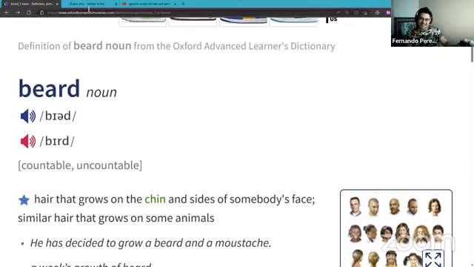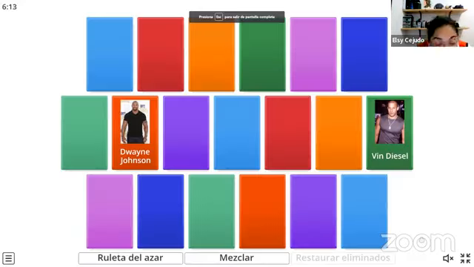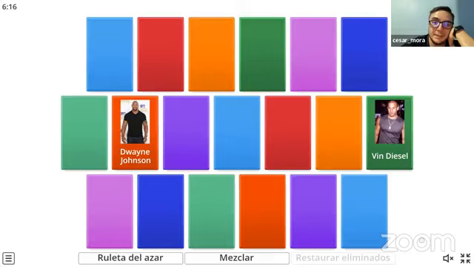Does the person have beard in this photo? Exactly. Yes, he had a beard in this photo. He what? He had a beard. Past. Beard yesterday?